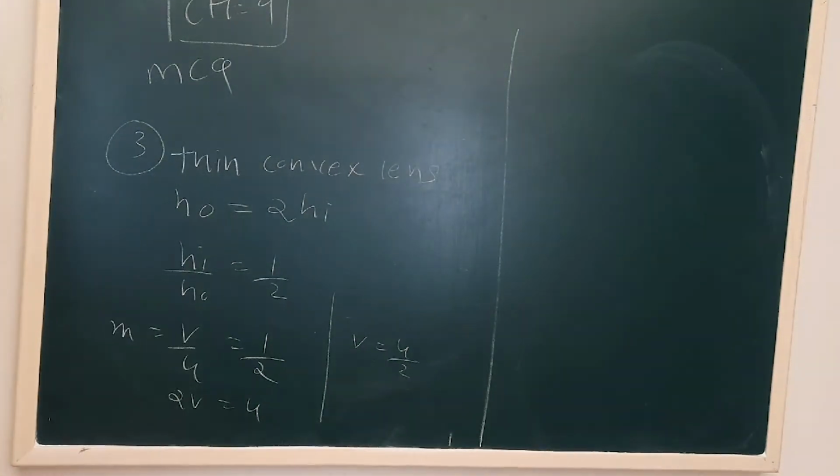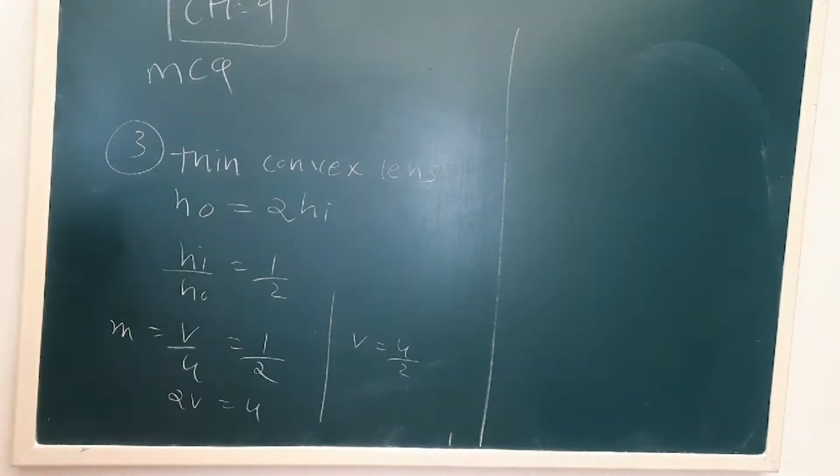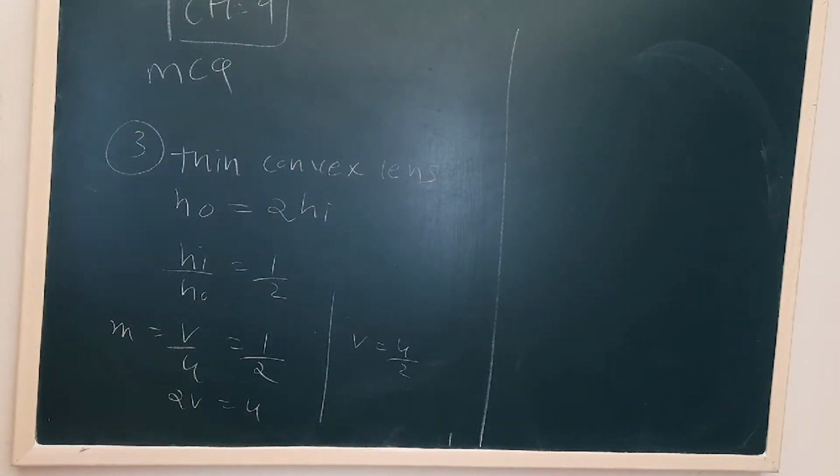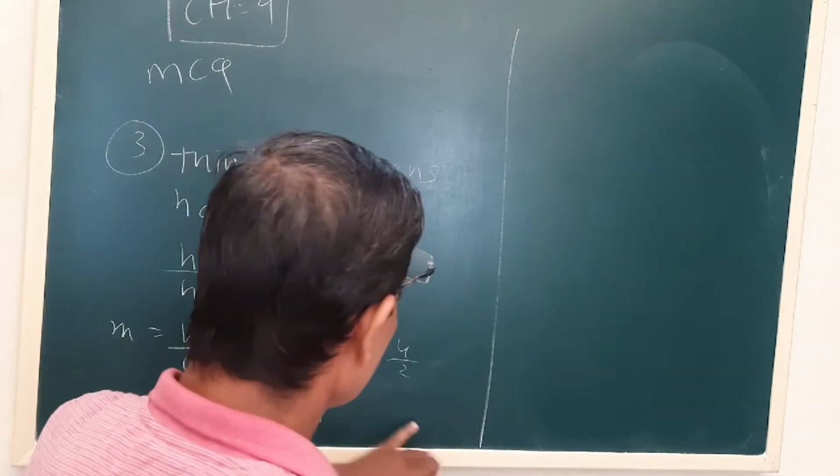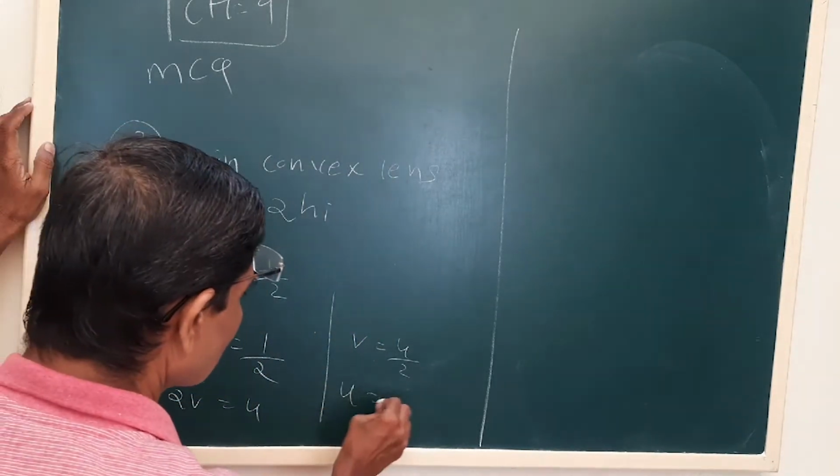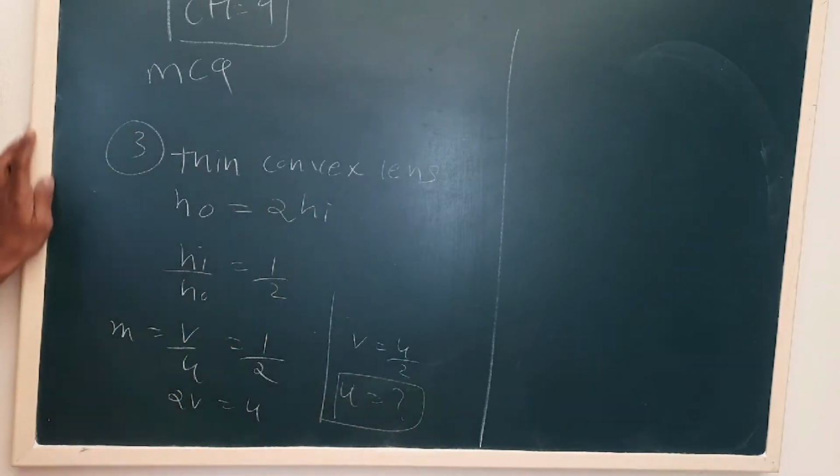We have to obtain the object distance U in terms of focal length.